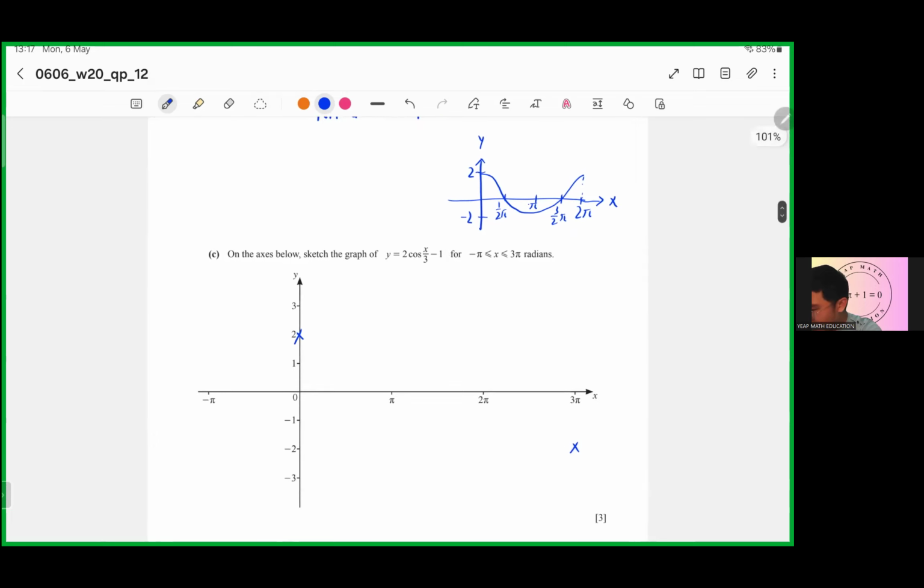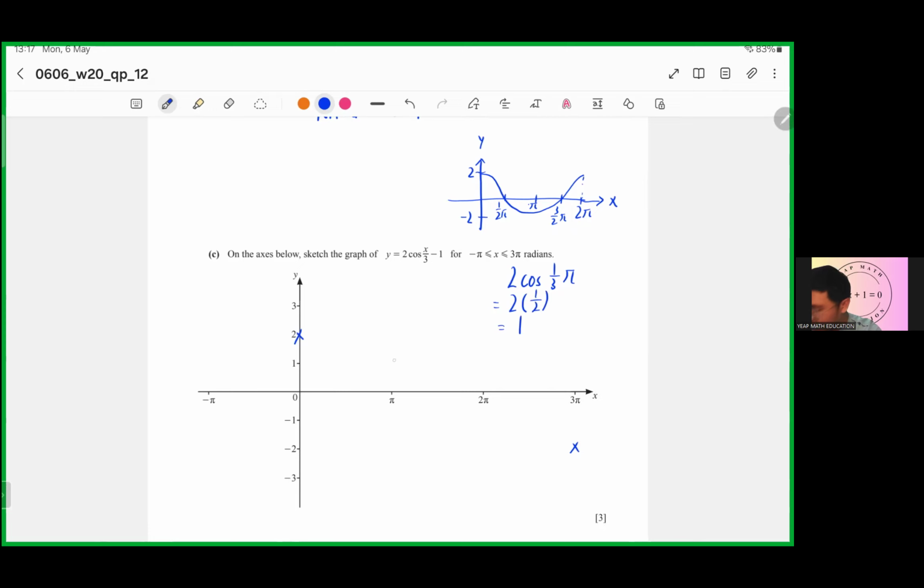After that, we can write 2 cos of 1 over 3 pi. 1 over 3 pi is actually 60 degrees. So it equals 2 times 1 over 2, and we get 1.